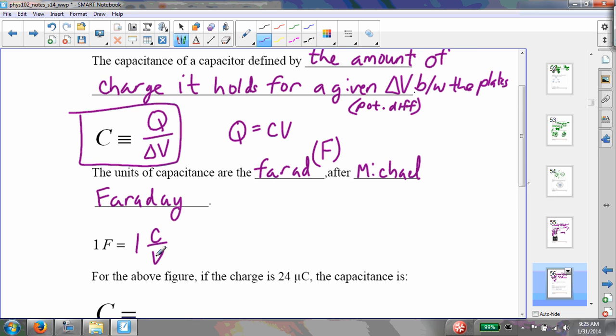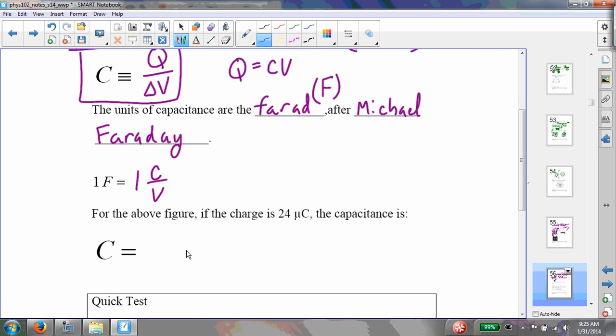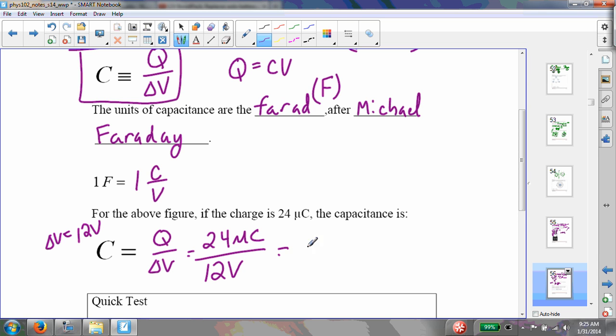And so, for the above figure, if the charge was 24 microcoulombs, and we had a potential difference across the battery of 12 volts, then we can calculate the capacitance, Q over delta V, which is 24 microcoulombs divided by 12 volts. And that's going to be 2 microfarads.